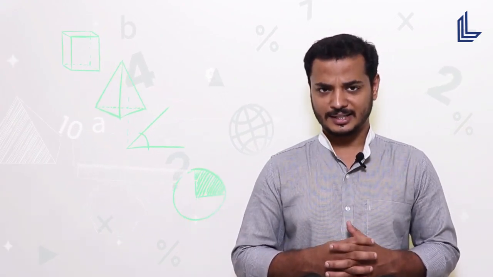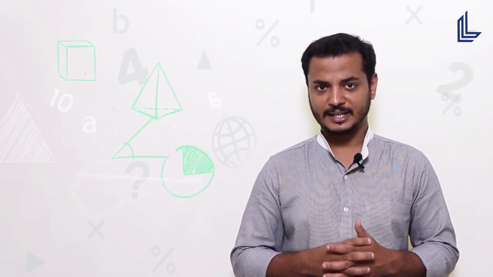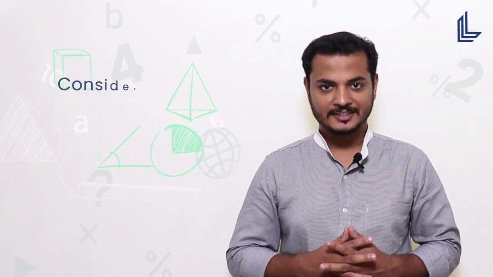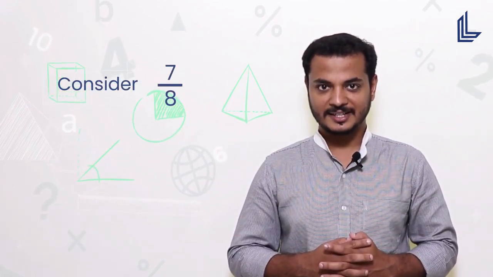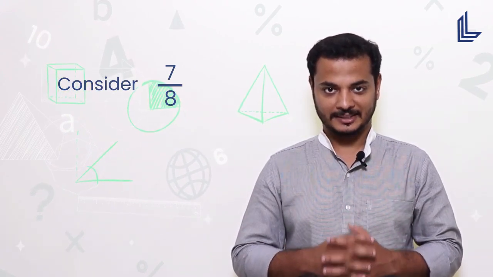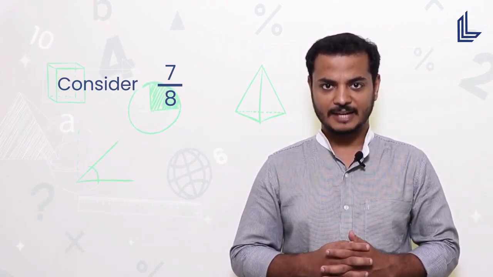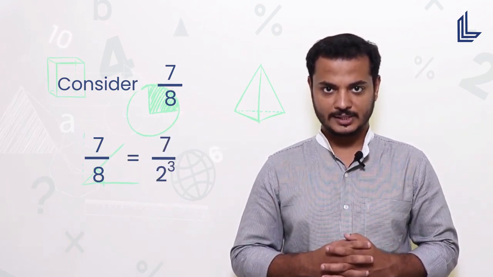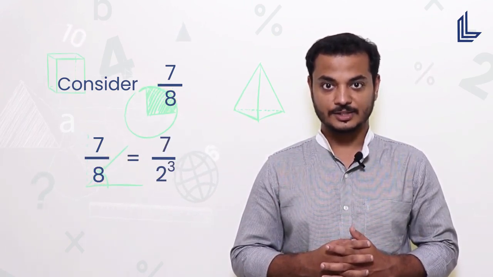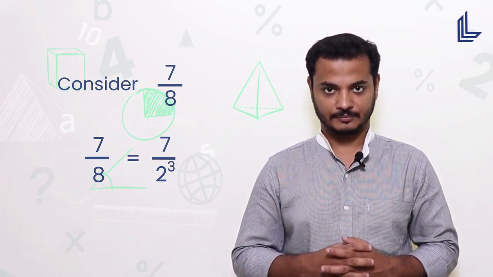Let's quickly understand this clearly by taking an example. Consider the fraction 7 by 8. Will this result in a terminating decimal? Let's see. 7 by 8 can be expressed as 7 by 2 cube. Notice that the denominator here is not in powers of 10.